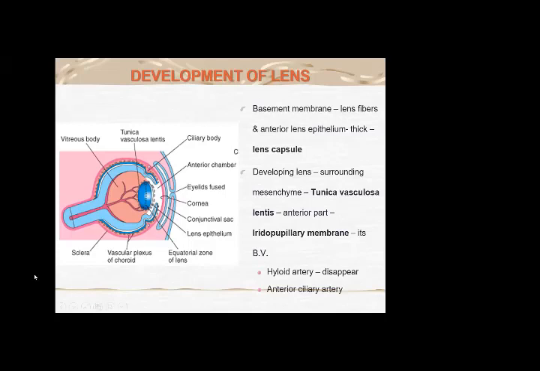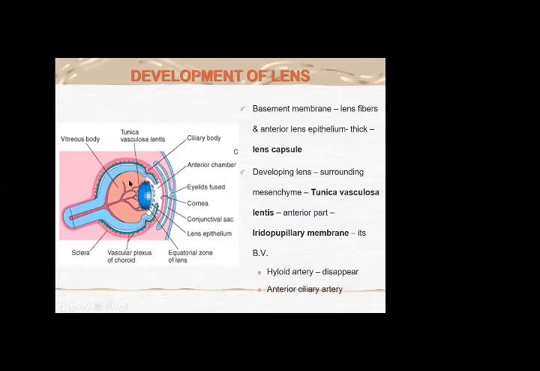On the anterior aspect, this mesenchyme develops into the iridopupillary membrane, and the blood vessels associated with the iridopupillary membrane.